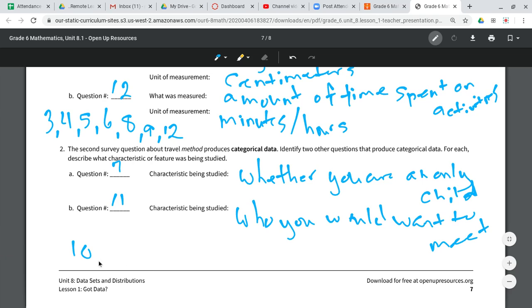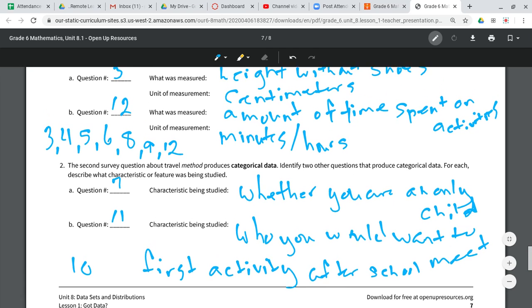And question 10 being, as there were only 3 for this, question 10 was, other than traveling from school, what do you do right after school on most days? So the characteristic being studied is first activity after school.